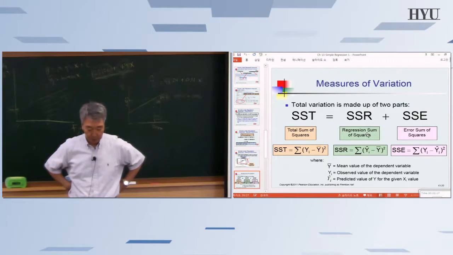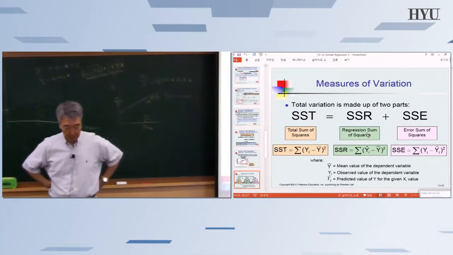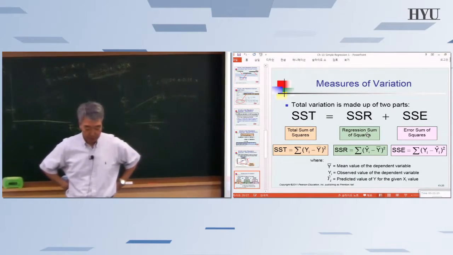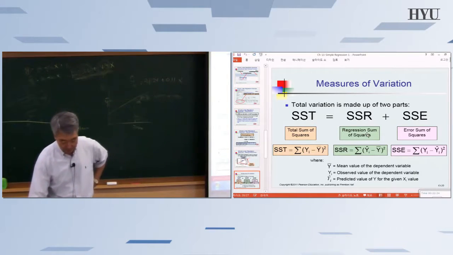Here's some basic equation here. SST is SSR plus SSE. Sum of square total, or total sum of square of variation, is equal to regression sum of square plus error sum of square. And total sum of square refers to this thing, yi minus y bar.